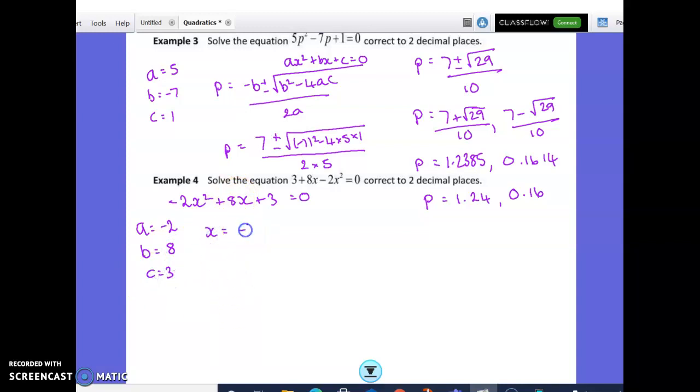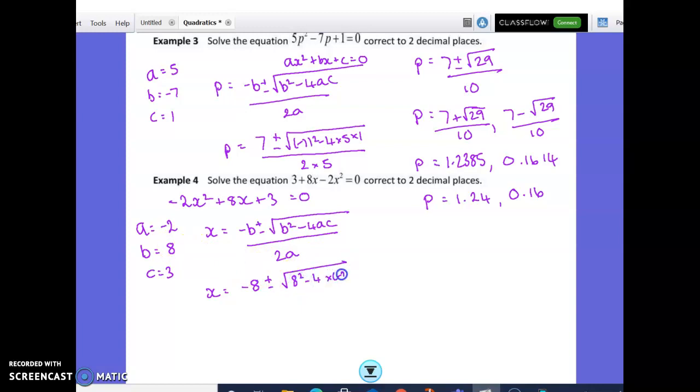So x is minus b plus or minus square root of b squared minus 4ac all over 2a, which is minus 8 plus or minus square root of 8 squared minus 4 times minus 2 times 3, all over 2 times minus 2.